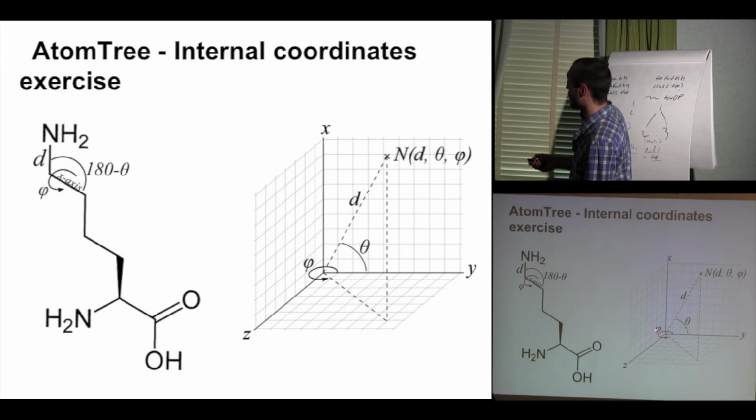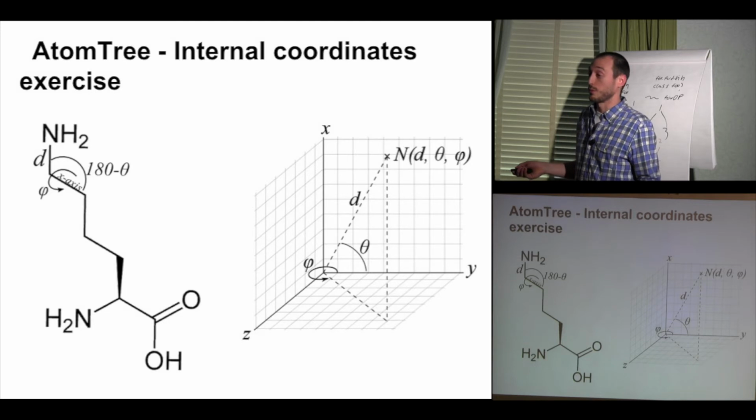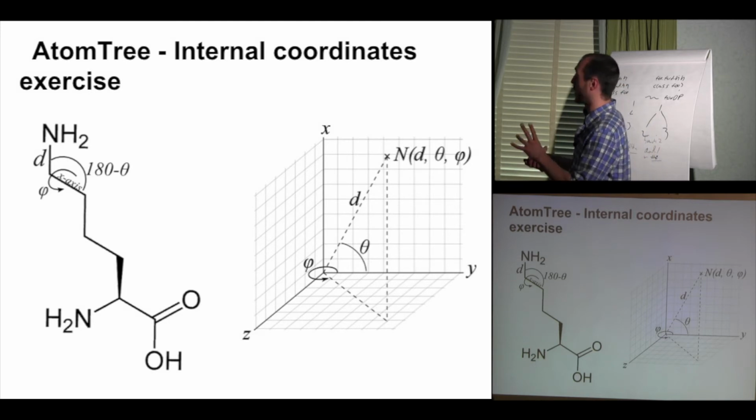So the x-axis is going to be defined by this bond here, and we'll call this x. The y and z are going to be defined in the way that I mentioned with the Zoom tools. So you have this orthogonal coordinate frame now here.